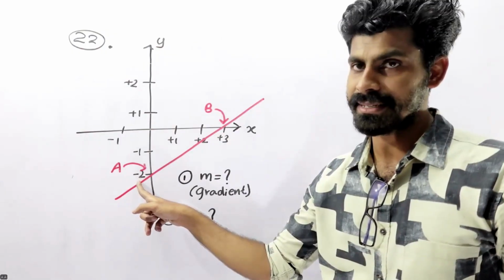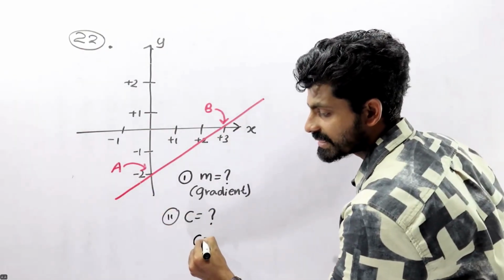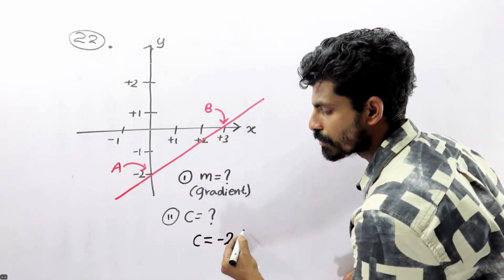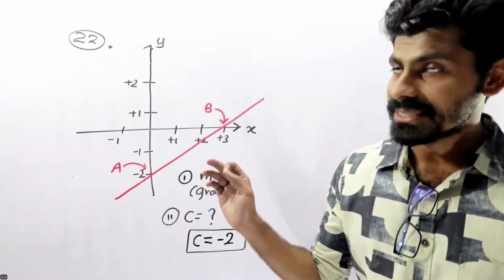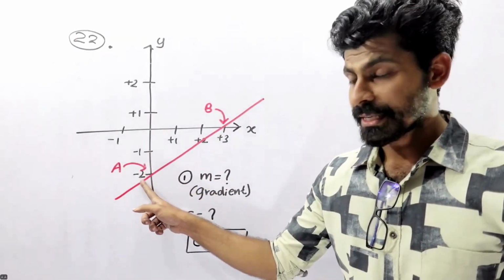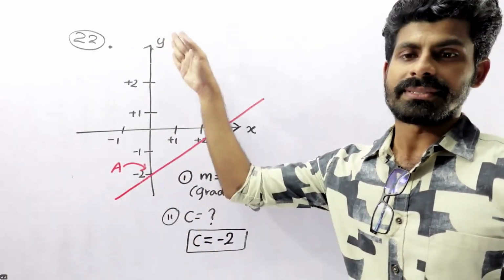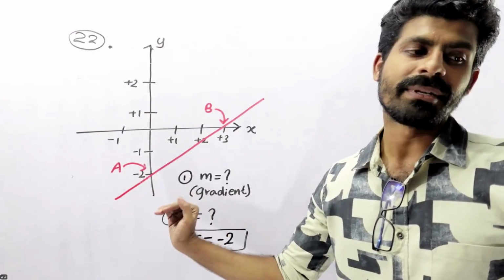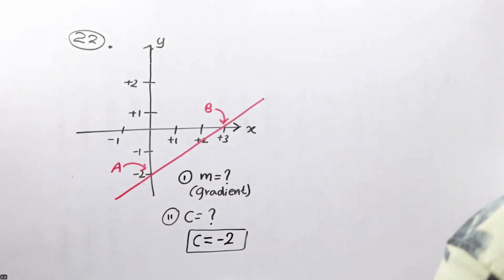A is the intercept. So we can write very easily, C equals minus 2 without any calculations. Just look at the graph. This is minus 2, the point where it crosses the y-axis. So C equals minus 2.